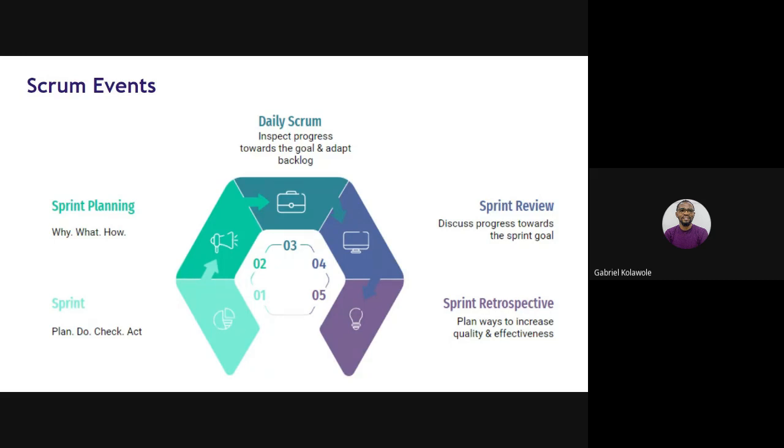So when you say Scrum events, we all know what events means, right? Today is Saturday. If not for the election, a lot of people would have gone to one party or the other. That's an event. Meetings can also be classified as events. A number of things can be referred to as events. So under the Scrum framework, we also have our Scrum events.